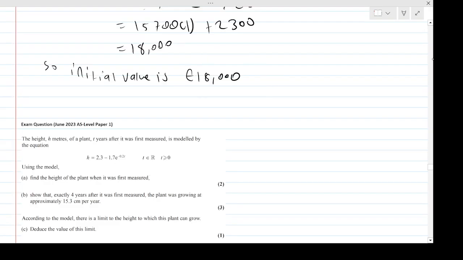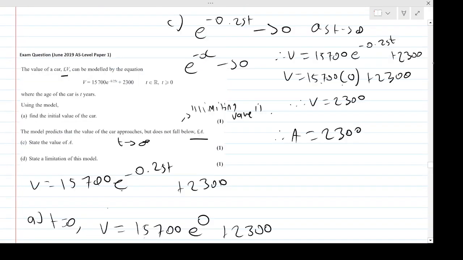But the value of the car goes down, and eventually the car will go to 2,300 as a value, and it won't go below that. So that's the idea of setting t to infinity, so the exponential goes to 0. Make sure you're aware of that. Don't lose marks like this.